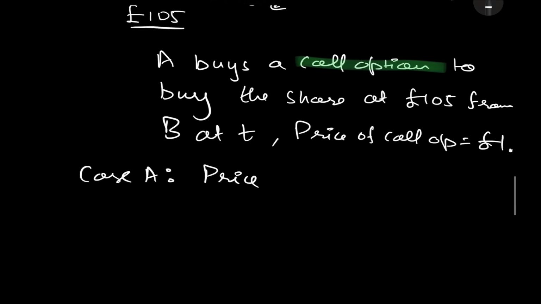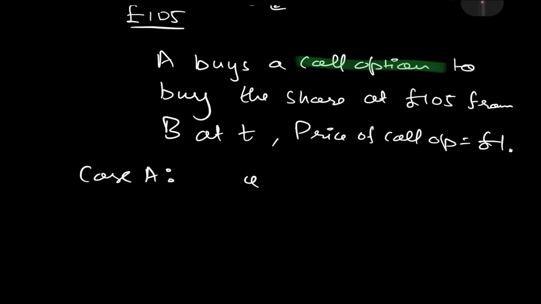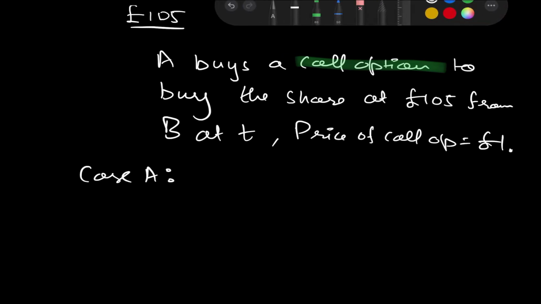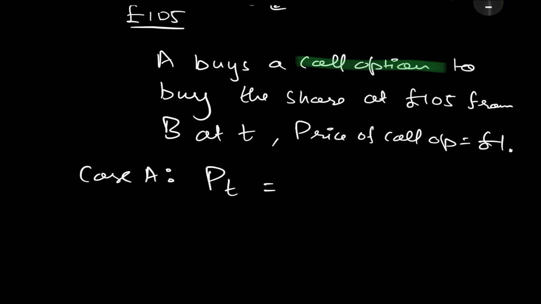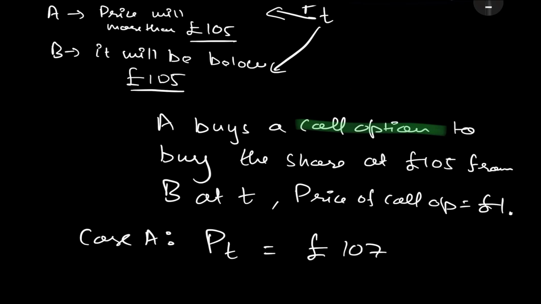So let's say the price at time t of the asset is equal to £107. So now A knows that the market price of the asset is 107. He or she has the right to buy it at 105, right?